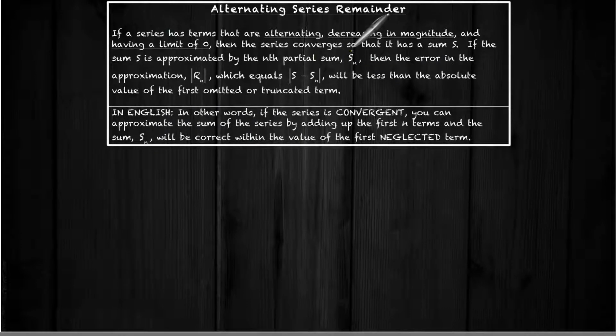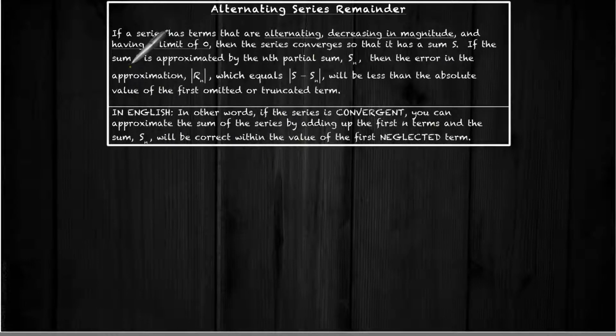Now remember, there are only certain series that you can determine what the actual sum is that the series converges to. Geometric series is one. Here's another one, the alternating series. We can get an idea, or at least an approximation of what the sum, S, is.